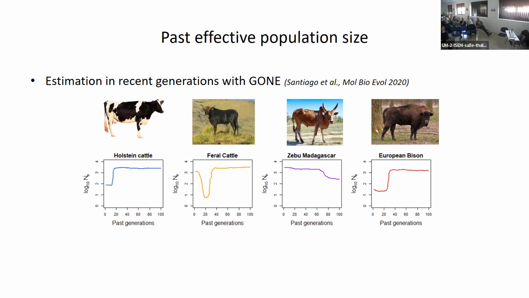For the feral cattle, we see that we have a very strong bottleneck below 10 individuals 15 to 20 generations ago, but that after the bottleneck, the size of the population increased again. For the zebu of Madagascar, we have a much less pronounced bottleneck, but over many more generations and in older generations. And finally, for the bison, we see the bottleneck, but it has not completely recovered.